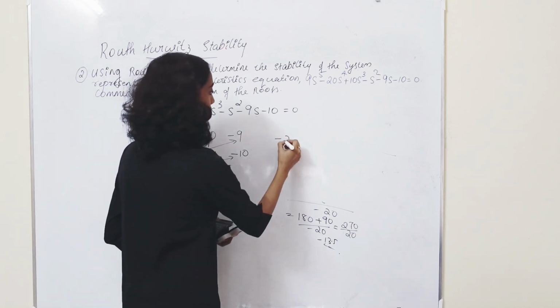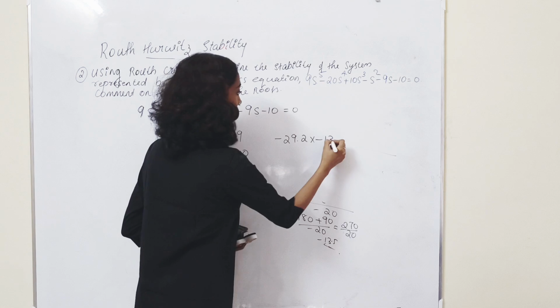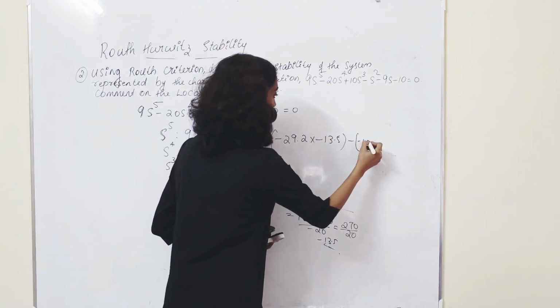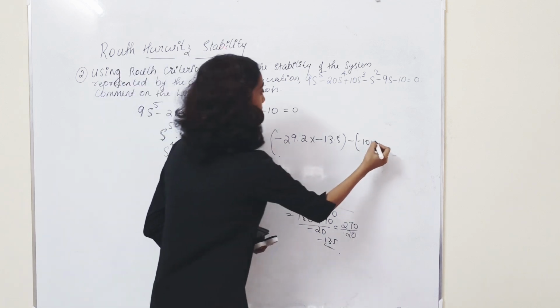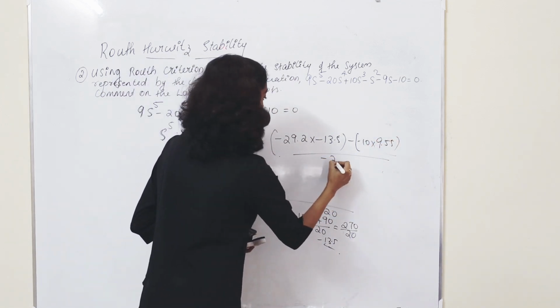It's again minus 29.2 into minus 13.5 minus 10 into 9.55 divided by minus 29.2.